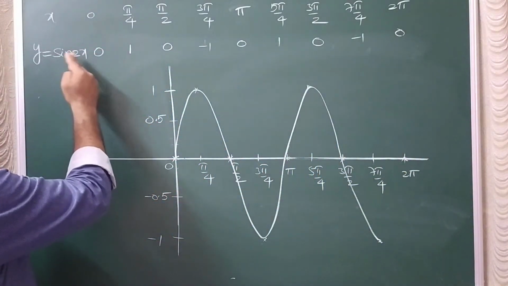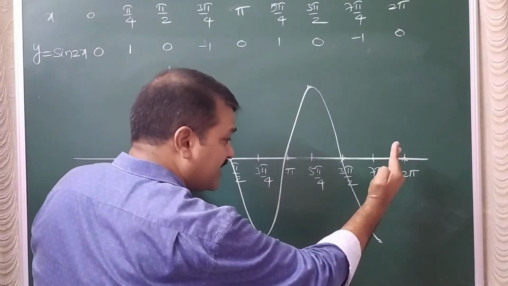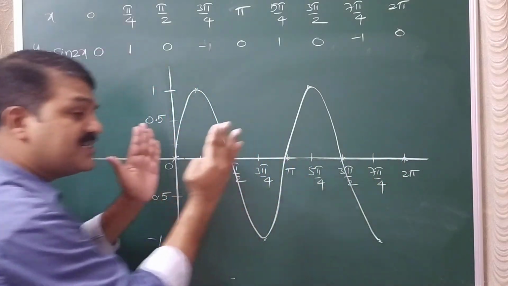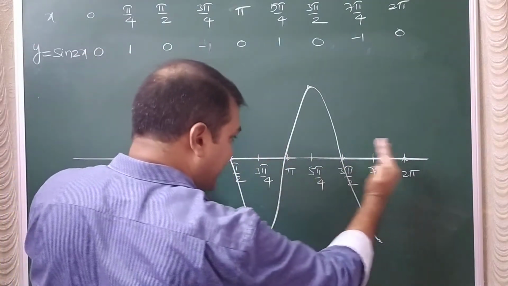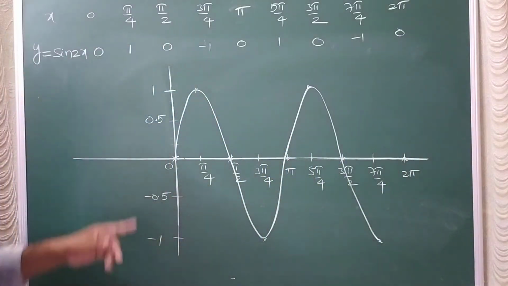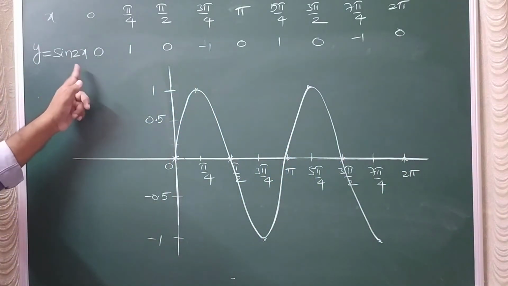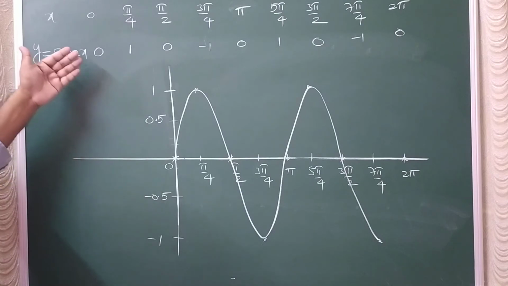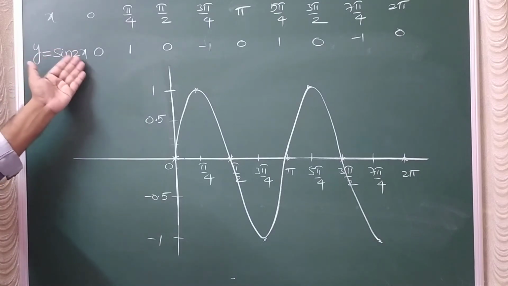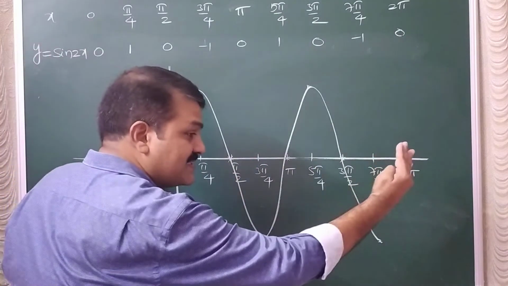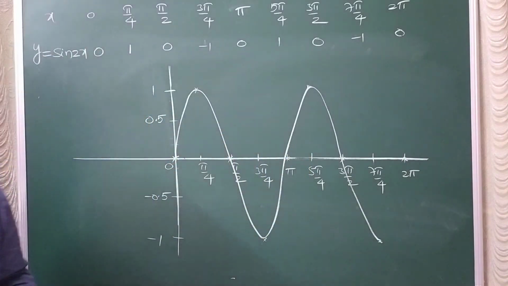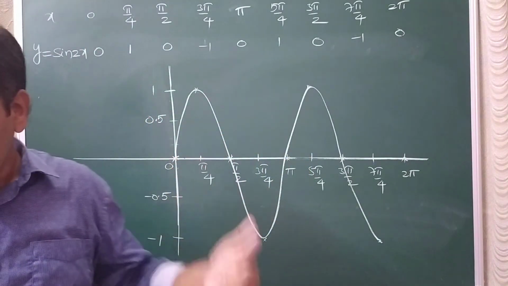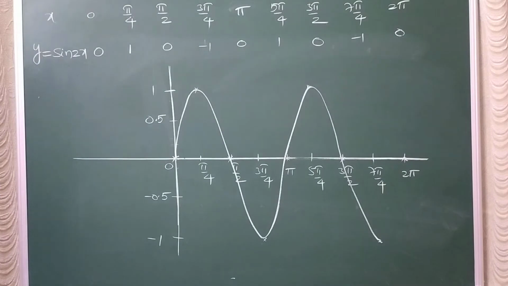When you take sin 3x, the graph becomes more compact. Shape will be same. The graph widens or becomes compact based on the angle you are choosing here. So the more multiple of x you are choosing, the graph becomes that much compact. Okay, so this is the graph of y is equal to sin 2x between the interval 0, pi.